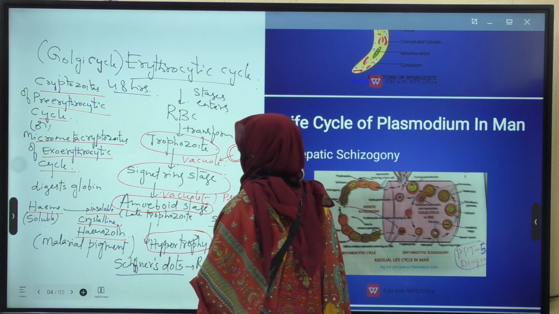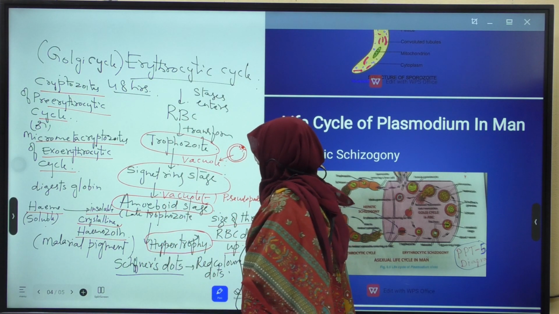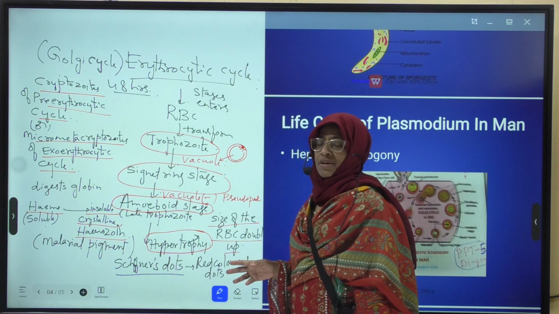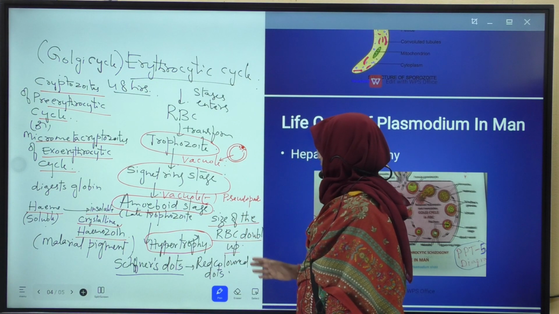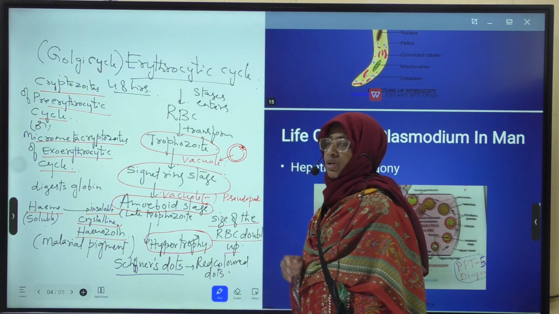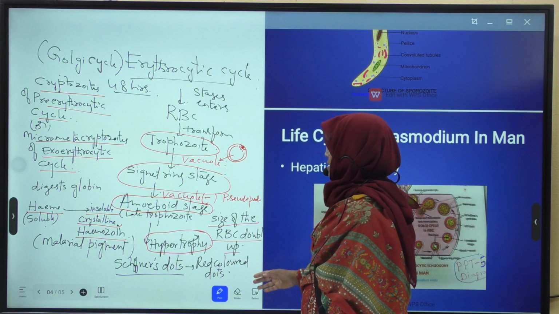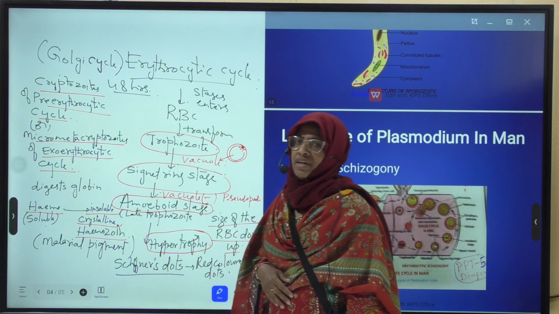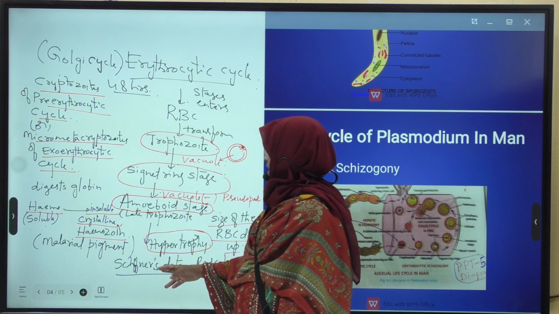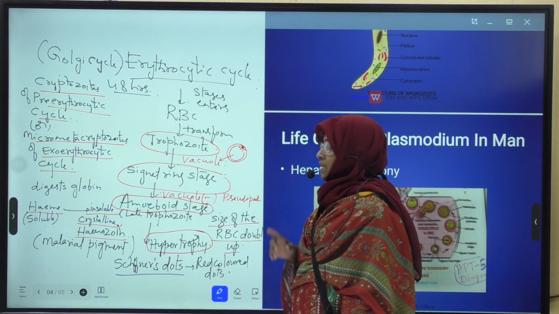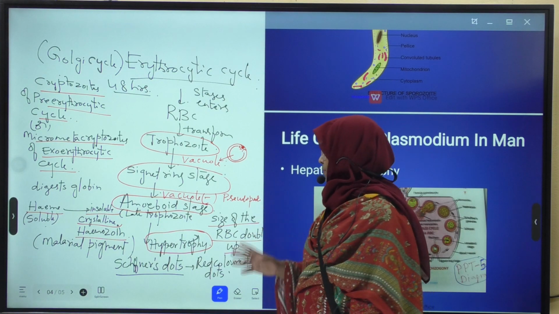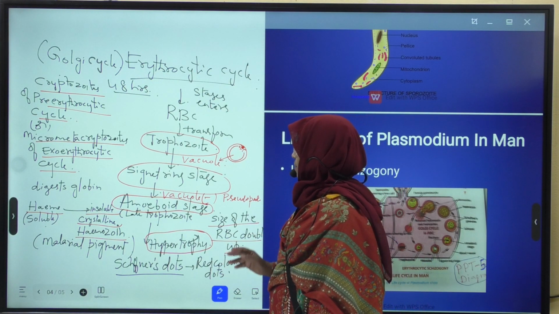Okay, next, in this stage, the cytoplasm of the red blood corpuscles develops red colored dots. These dots are called Schaffner's dots. In the cytoplasm of the RBC, red color dots are produced.